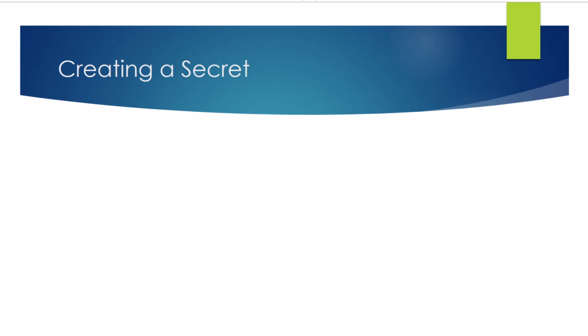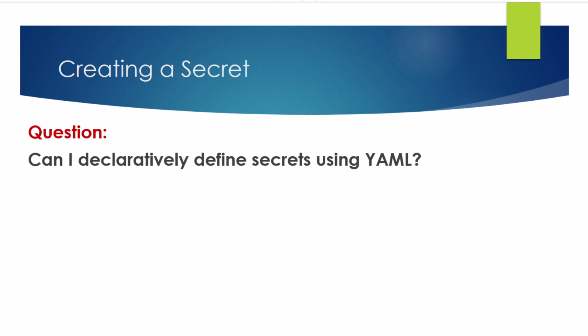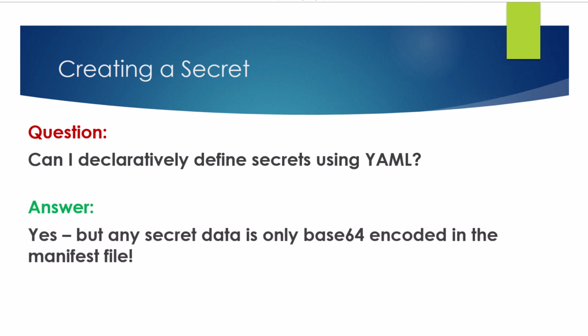Now up to this point, we have declared just about every type of Kubernetes resource with YAML. So can you declaratively define secrets using YAML? Good question. Well, the answer is yes, but any secret data that you put into the manifest type file would only be base64 encoded.